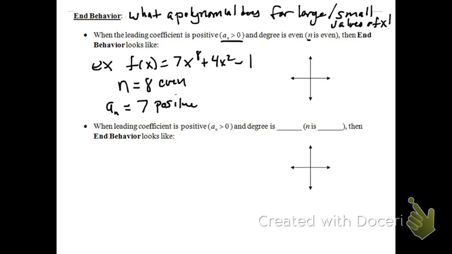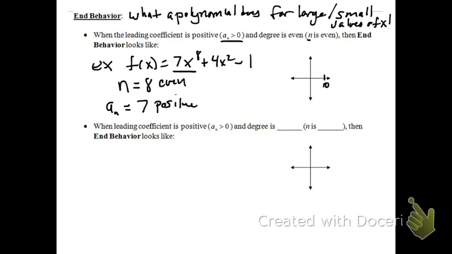If I have those 2 cases, what's going to end up happening for very, very large values of x? Let's pretend on our graph here that I'm way over here, let's say at just even the number 10. If you were to plug in 10, by far, this term is going to get super, super big right away.